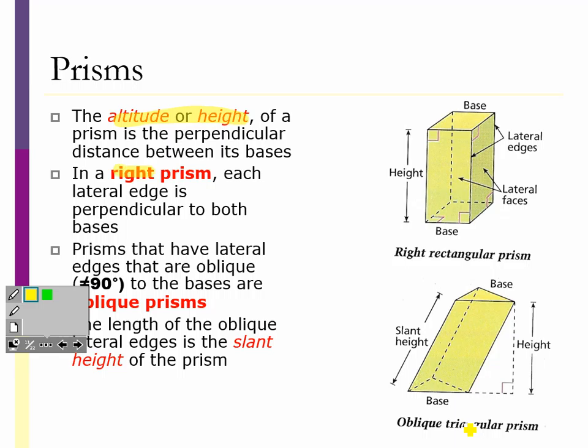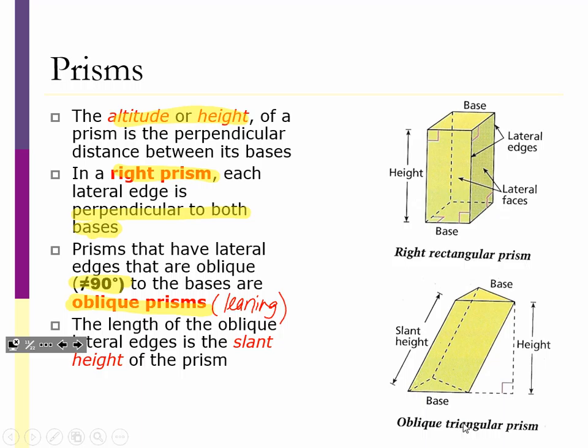Right prism just means perpendicular to both the bases. You get to see the box, basically. And for an oblique, it means it's not equal to 90 degrees. So basically it's leaning to the left or right. We have to have some type of lean.